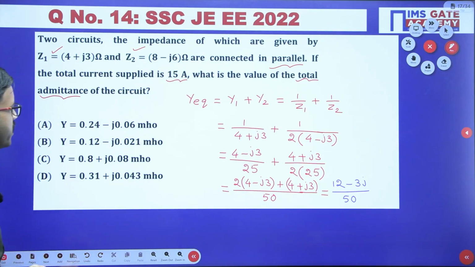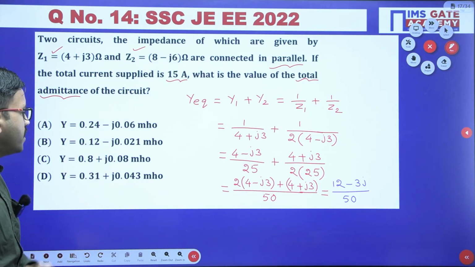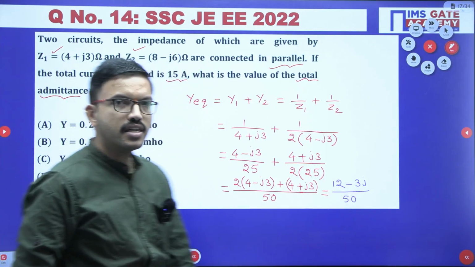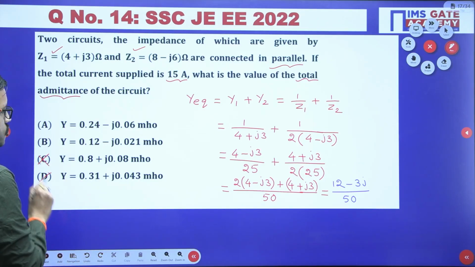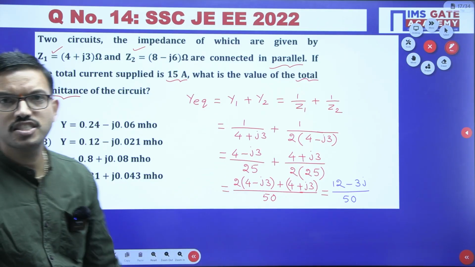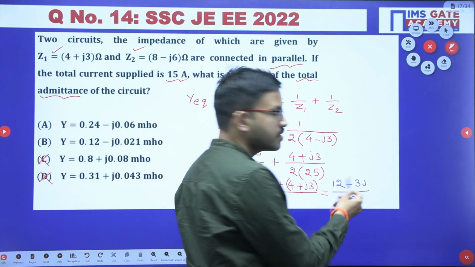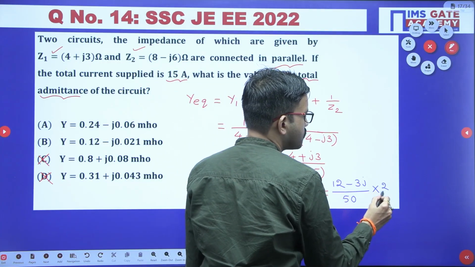In all the choices you have either A minus JB format or A plus JB format. But after doing the calculation, you are getting A minus JB format, so we can eliminate these two choices. In order to do the calculation simpler, observe the denominator is 50, multiply and divide with 2.